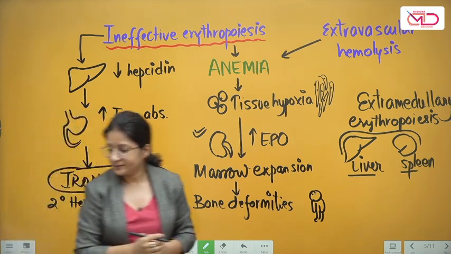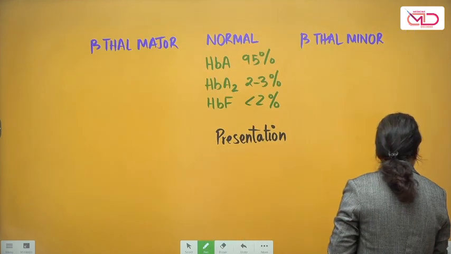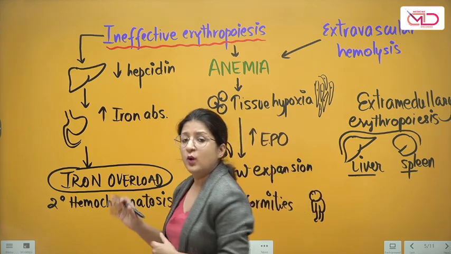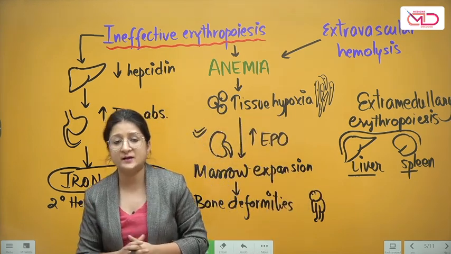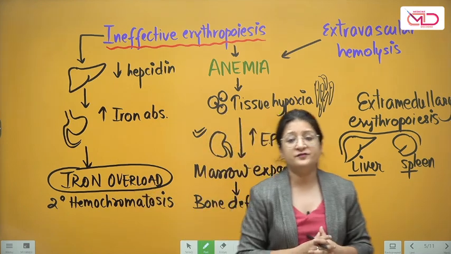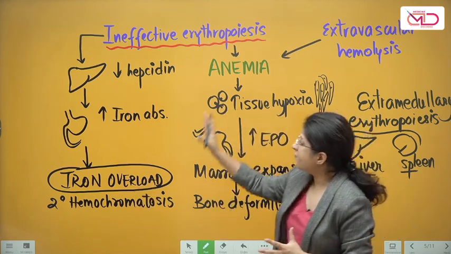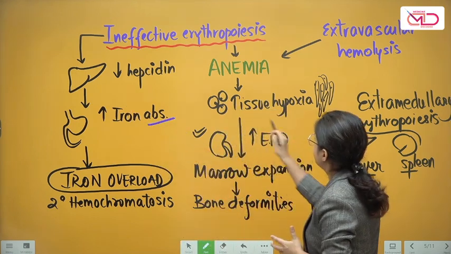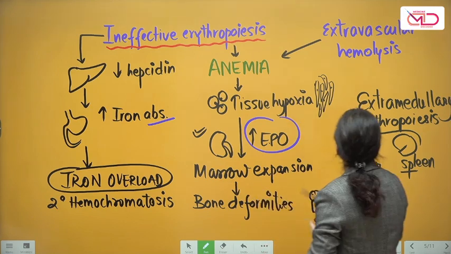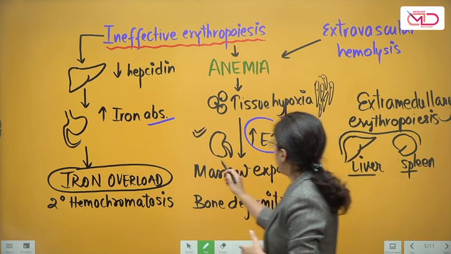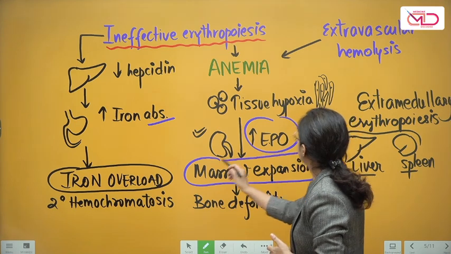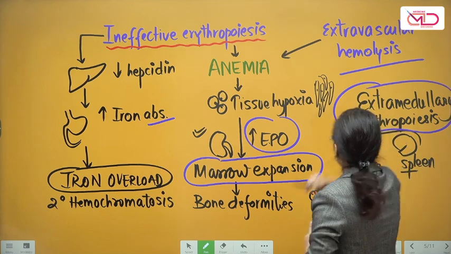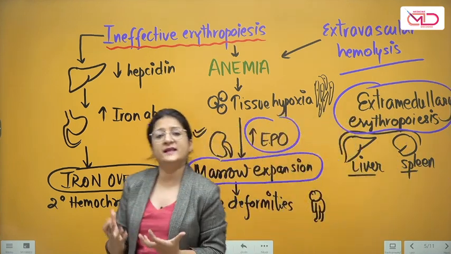Right? Now, another very, very important point to note here is that these children who are having beta-thal major have all these pathological findings, and in spite of the body adjusting its iron absorption, adjusting its erythropoietin and trying to increase the red blood cell formation, all these pathological processes like marrow expansion, extravascular hemolysis, and extramedullary erythropoiesis are not enough to sustain them.